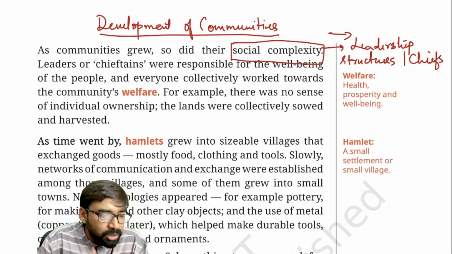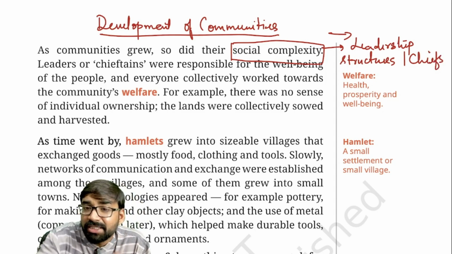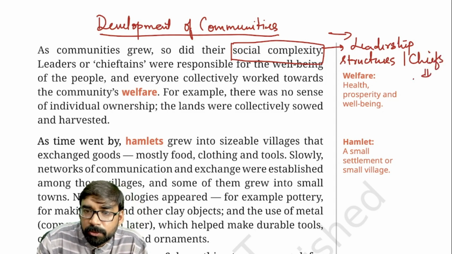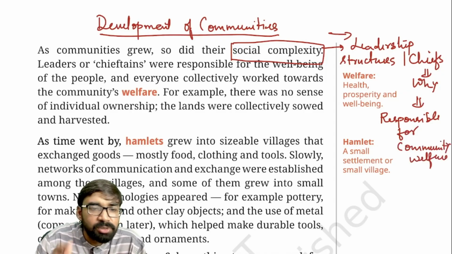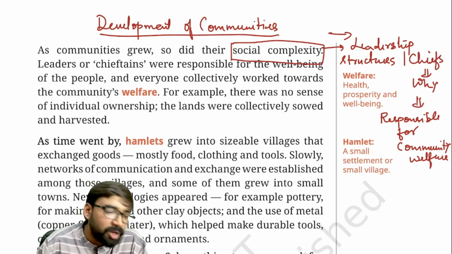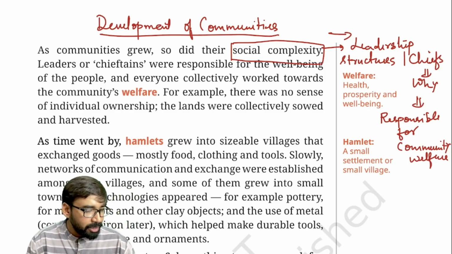Right? So leaders, now why are these leaders important? Leaders are responsible for community welfare. They are responsible for community welfare. I hope this much is clear to all of you, right?